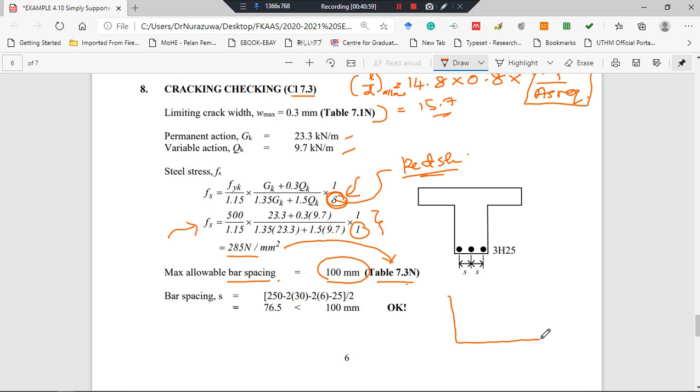Here is 3H25, and we have here the shear link.